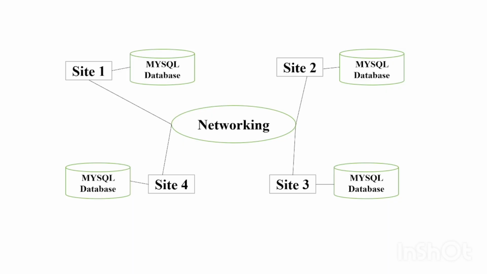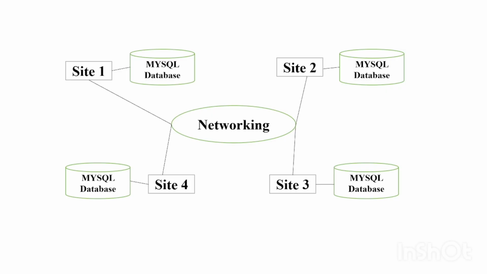Everything is uniform and consistent. All locations use the same software, like the MySQL database. Here, Site 1 uses MySQL, Site 2 uses MySQL, Site 3 also uses MySQL, and Site 4 also uses the MySQL database. The data is stored in different places, but it looks and behaves like a single database.